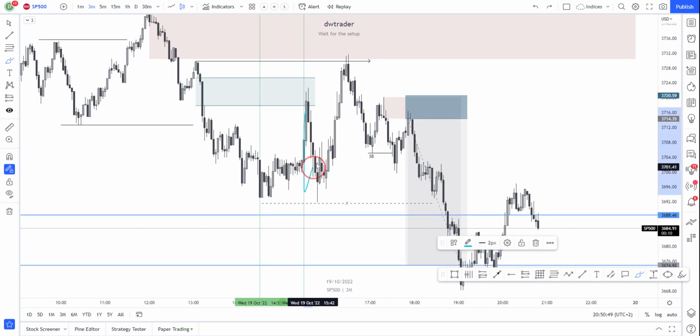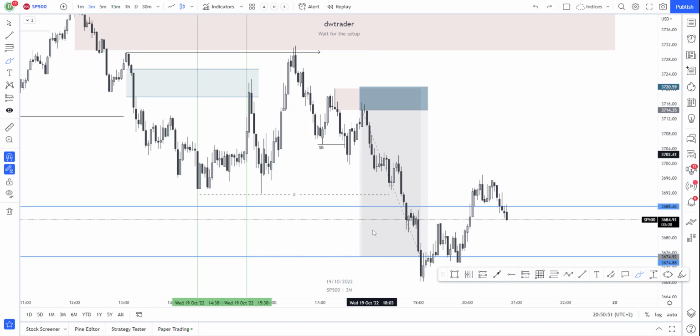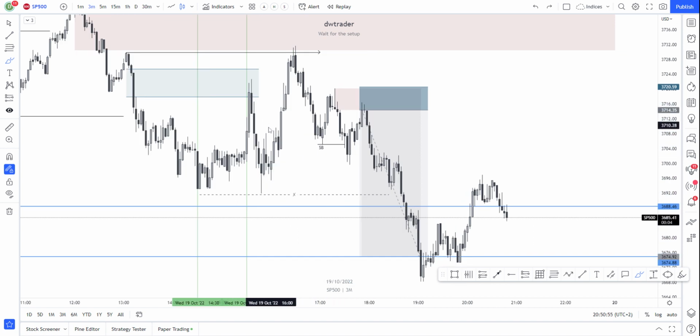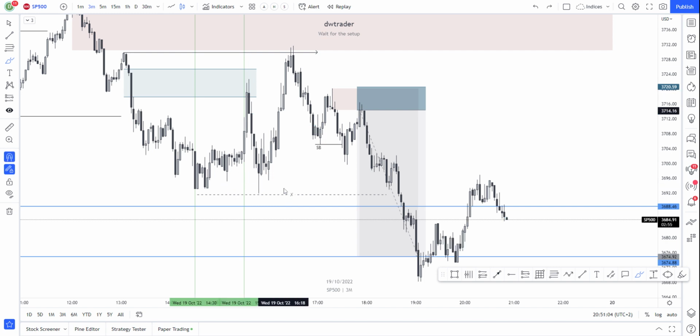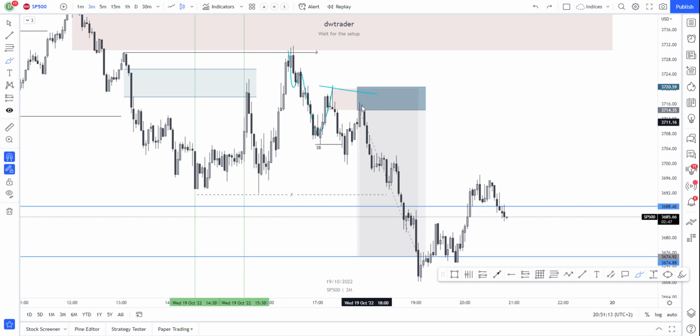So I initially thought that this would be the move lower, but it failed to do that. Also there was no real structure break. There was a little wick below on the lower time frames probably, but there wasn't a real strong structure break towards the downside. So ultimately we see price go up, sweep that high, and then we see the trade going lower, creating a nice zone over there.